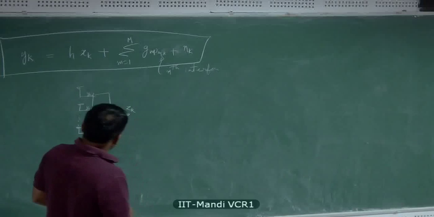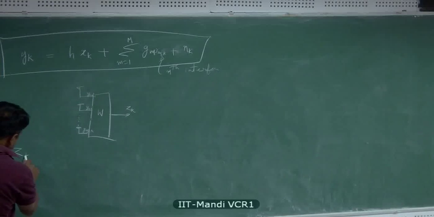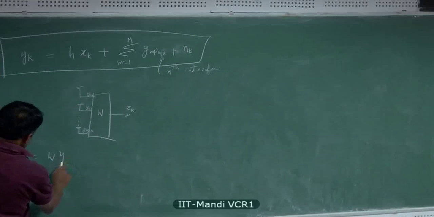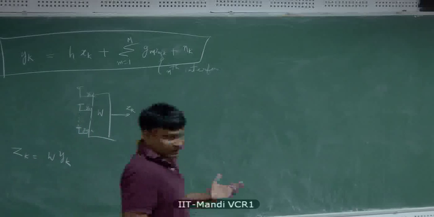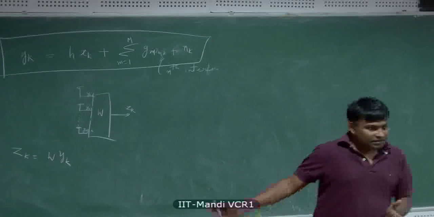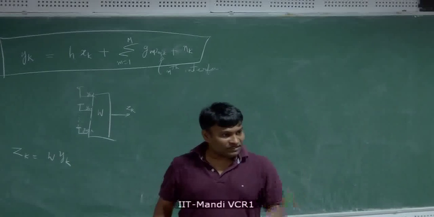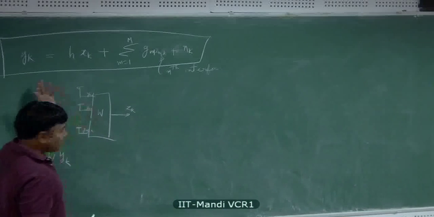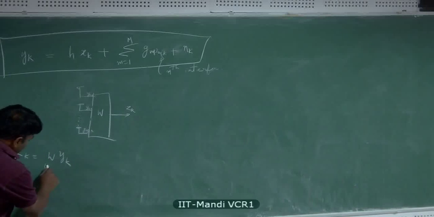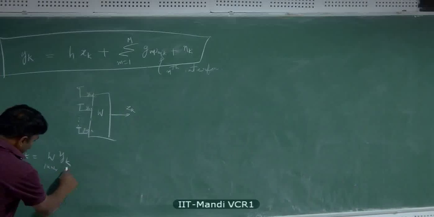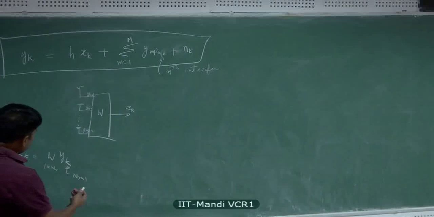Now I'll write this decision variable zk as w multiplied by yk. Like I said, you can drop k because k plays no role in the setup, since we're going to consider as if we transmitted one symbol. But k simply denotes the time index, so let's keep it for the sake of generality. This w has a dimension 1 by NR and yk is NR by 1. So what is it really doing?